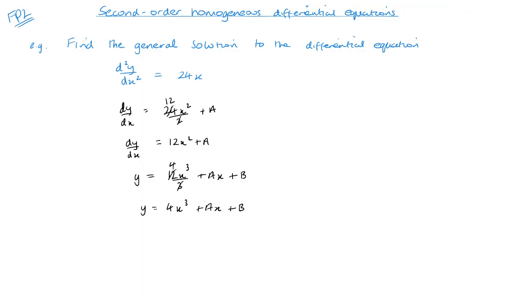Now let's talk about second order homogeneous differential equations. So the types of differential equations that we're going to be looking to solve, basically linear differential equations, are going to be of the form a d2y by dx squared plus b dy by dx plus c y equals 0.